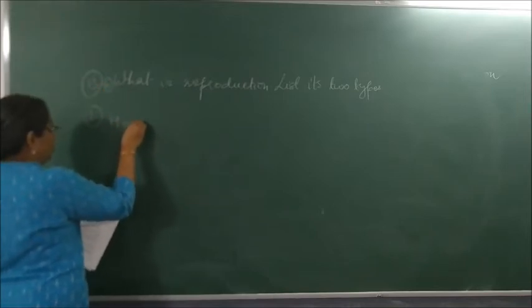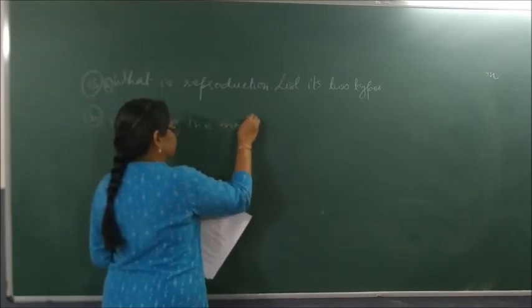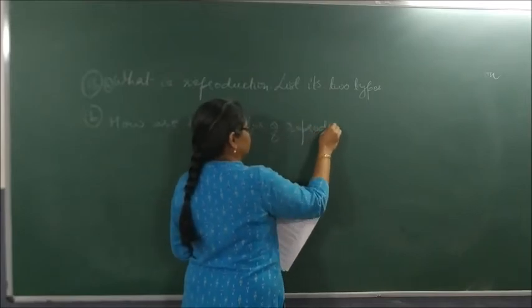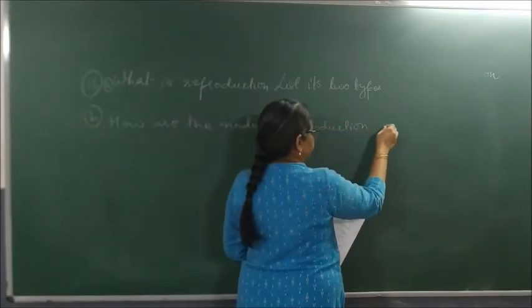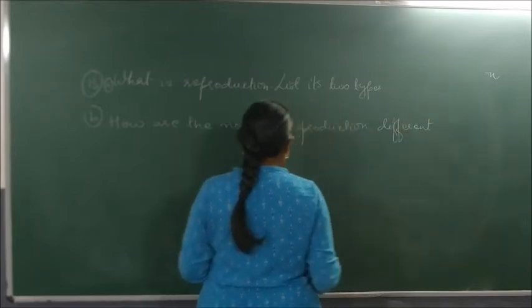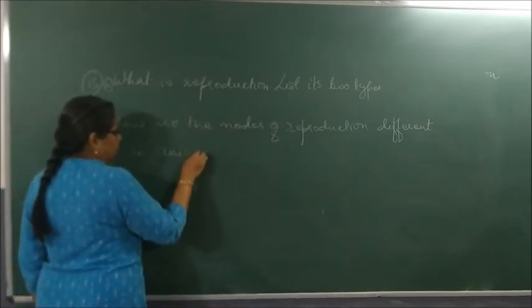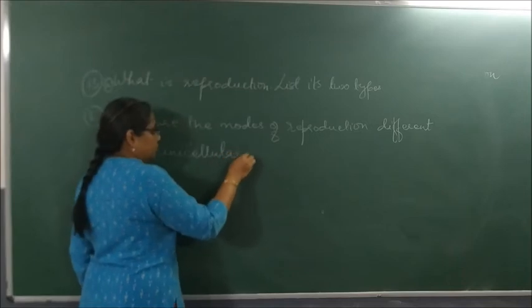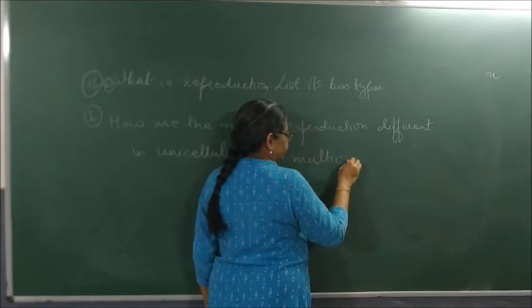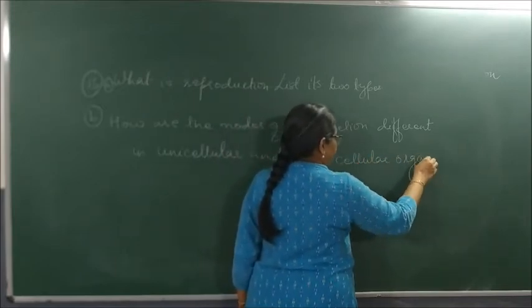How are the modes of reproduction different in unicellular and multicellular organisms?